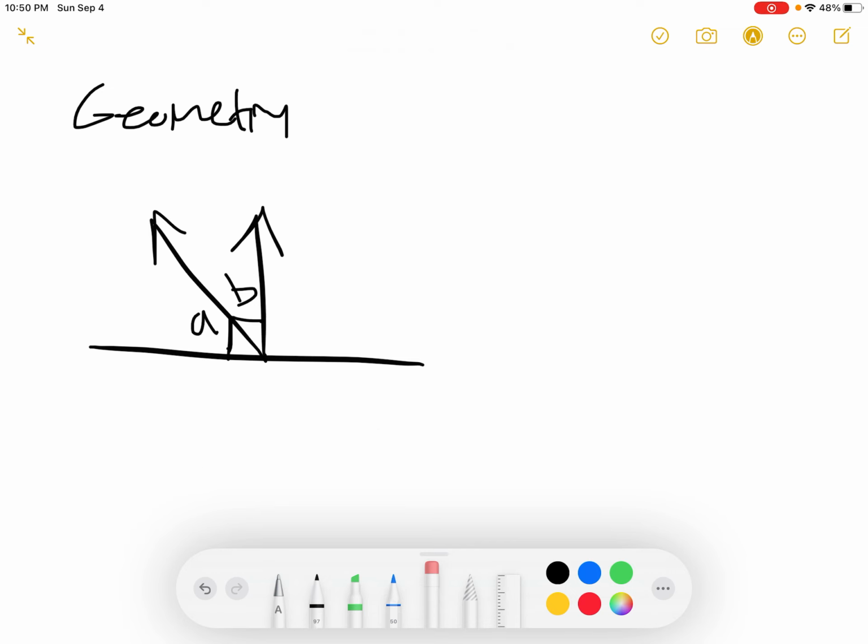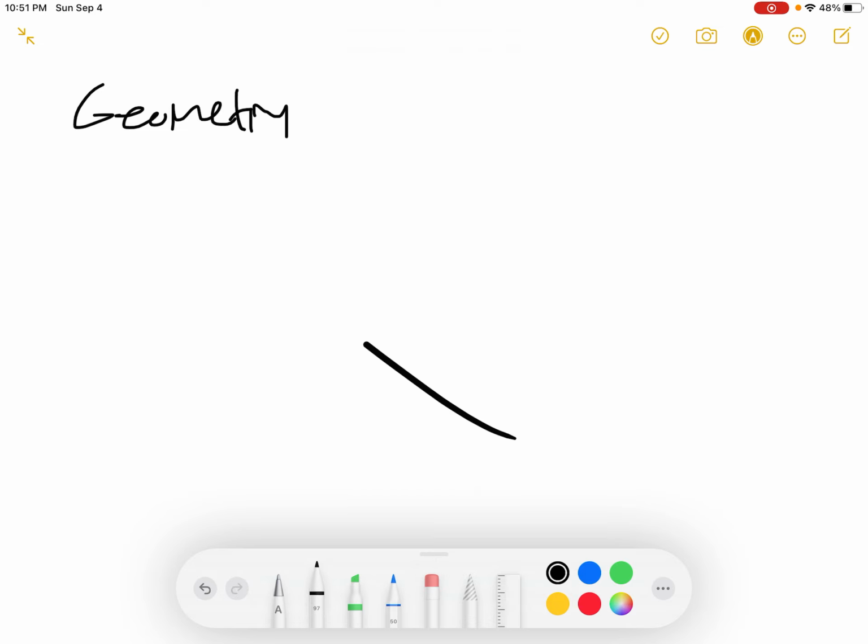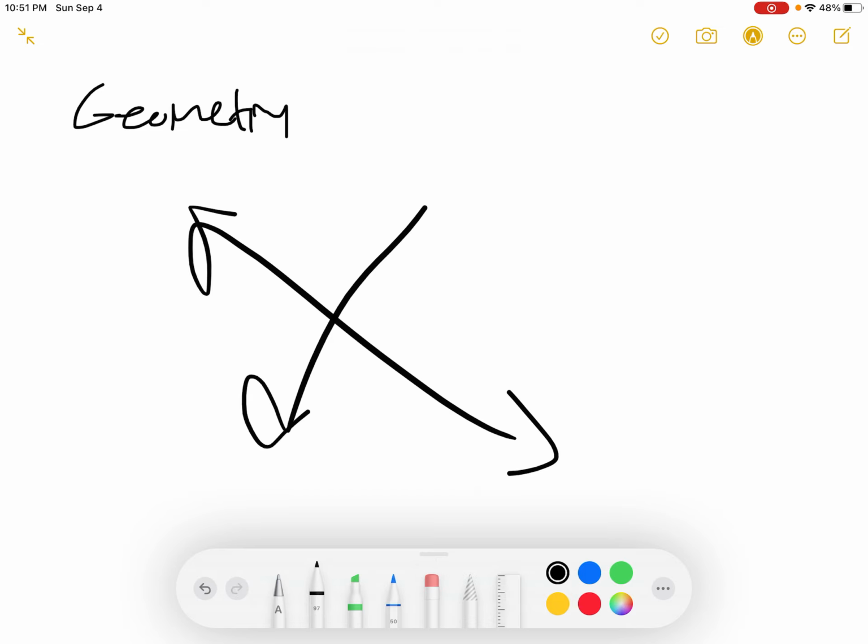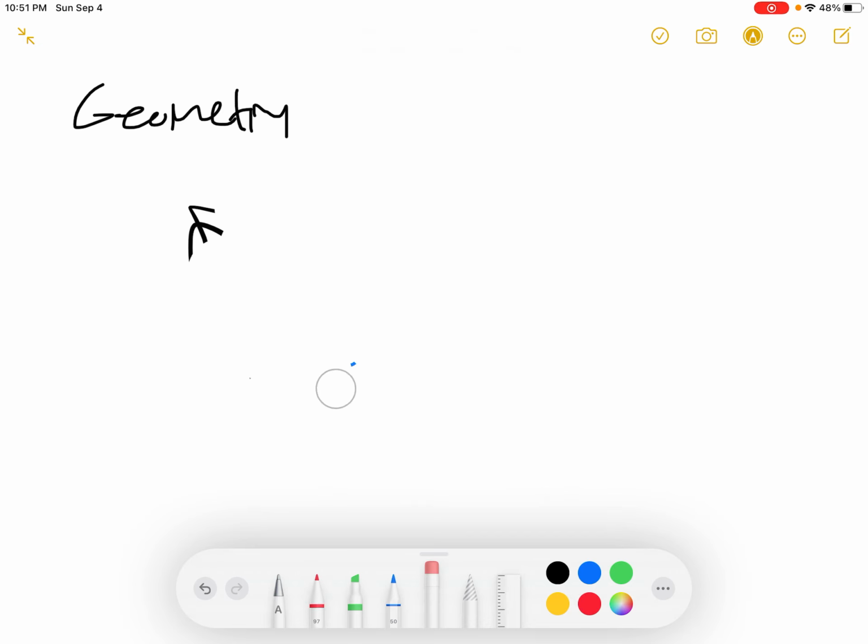And you would know that this is 90 because I already said that supplementary equals 180. So, okay. Now there's another thing called vertical angles. That means that these blue ones would equal each other and these red ones would equal each other. Because they're across from each other. Those are really the only angle things you need to know.